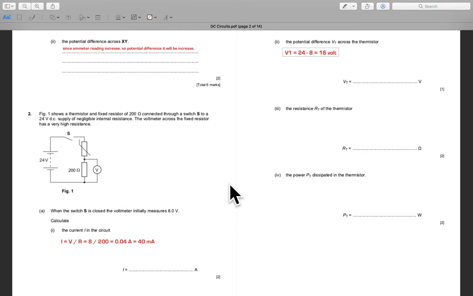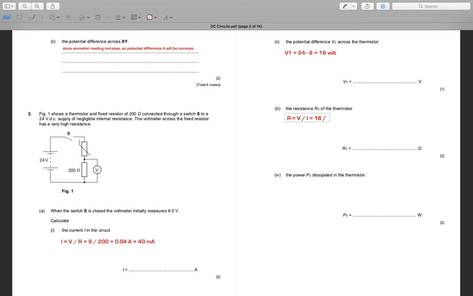After we get the voltage or potential difference across the thermistor, we come back again and use Ohm's law to find its resistance. So the resistance of the thermistor is V divided by I. V is 16 volts, divided by I.